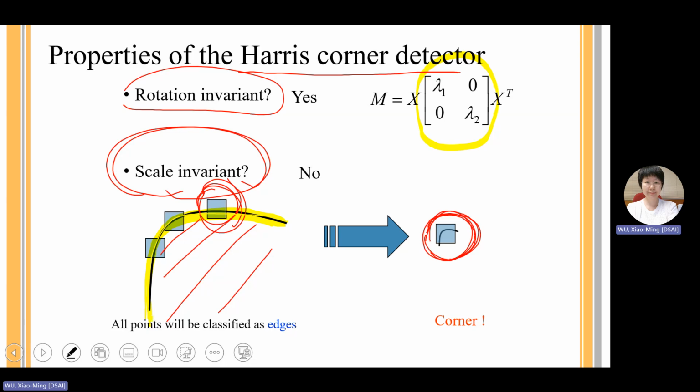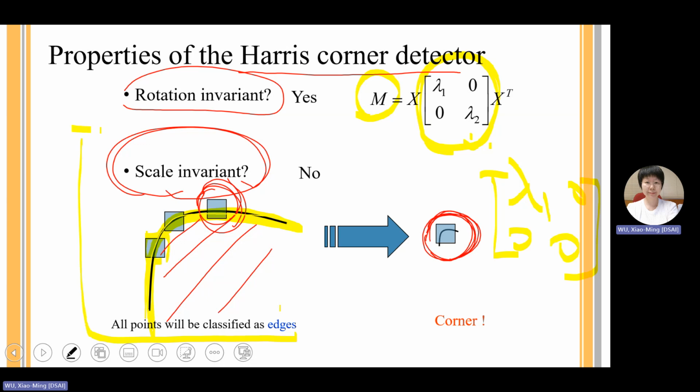If you slide it along the edge of this big corner, we will have the M matrix. The M matrix will be like there's only one lambda that is large, and the rest will be small, because the changes within the small window are just like you sliding them. It cannot capture the content of the corner.